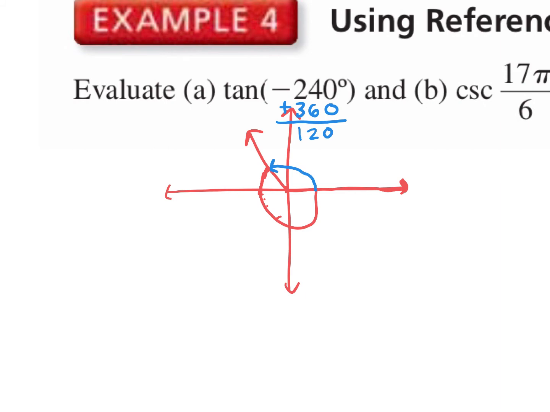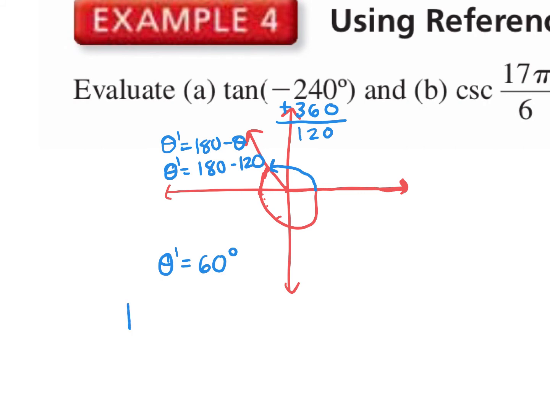When we're in the second quadrant, how do we find our reference angle? 180 minus theta. So our reference angle is 180 minus 120, which is 60 degrees.